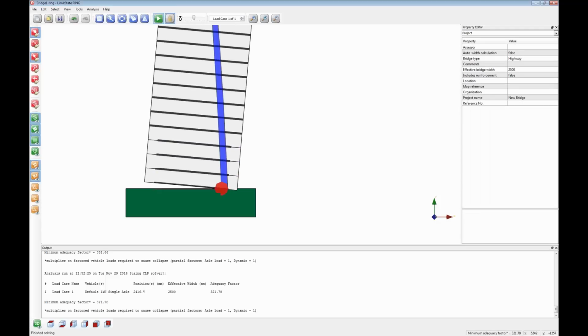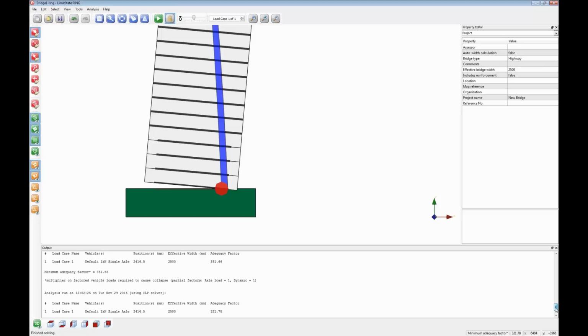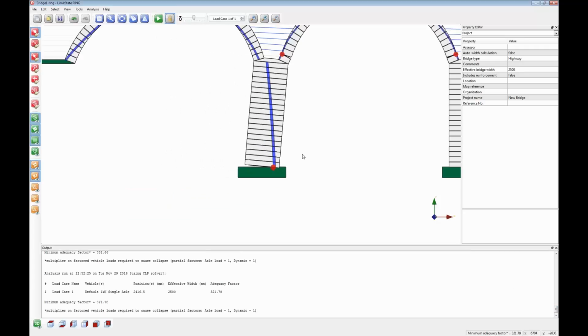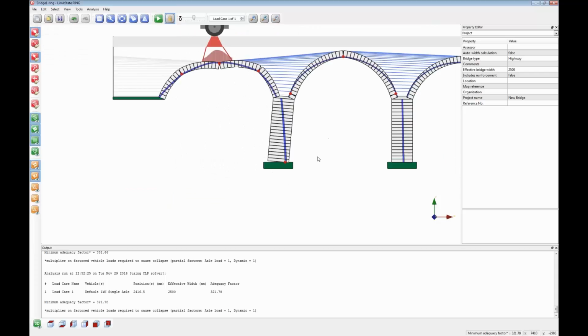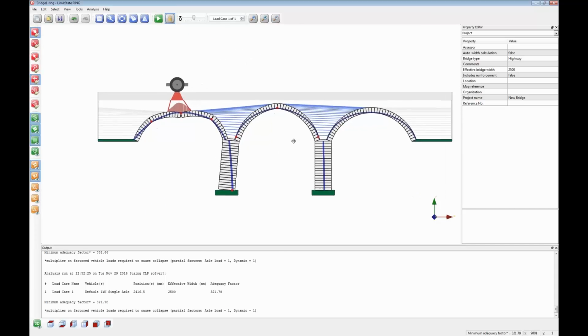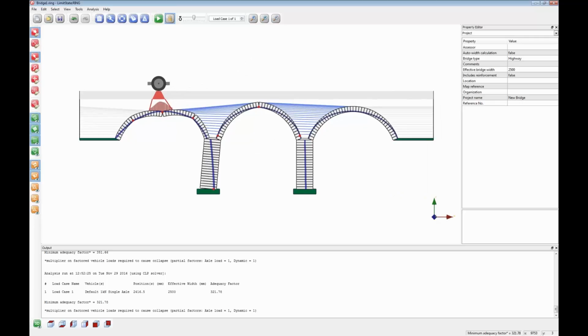I can solve again, and what I see is that the adequacy factor, or the collapse load in this particular case, has gone from 351 kilonewtons down to 321 kilonewtons. So we can very, very easily with the software also look at the effects of localized details or localized defects in this particular case.